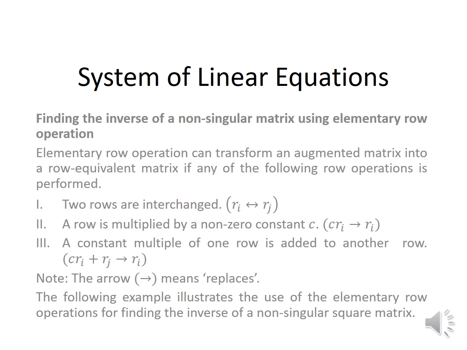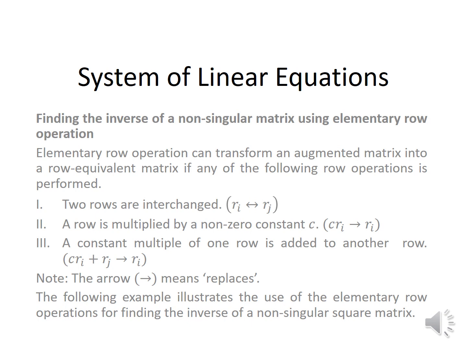Finding the inverse of a non-singular matrix using elementary row operations. Here are the steps to find the inverse matrix using elementary row operations. Elementary row operations can transform an augmented matrix into a row equivalent matrix if any of the following row operations is performed. Two rows are interchanged. A row is multiplied by a non-zero constant.